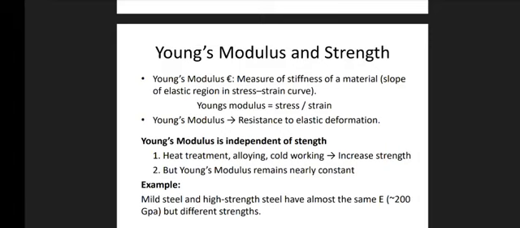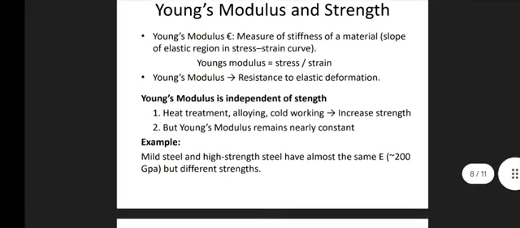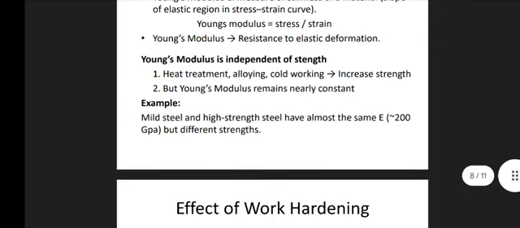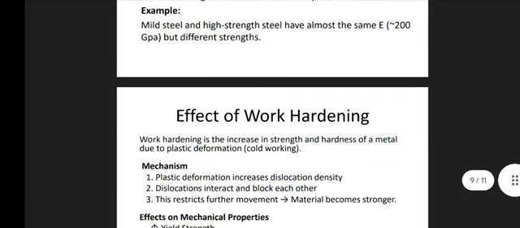Heat treatment, adding alloying elements and cold working increase strength, but Young's modulus remains nearly constant. For example, mild steel and high strength steel have almost the same Young's modulus but different strength. When the strength is increased, Young's modulus stays constant.